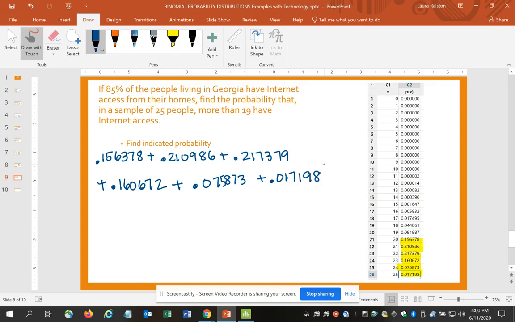We're going to add those numbers together. Okay, 0.156378 plus 0.210986 plus 0.217379 plus 0.160672 plus 0.075873 plus 0.017198.